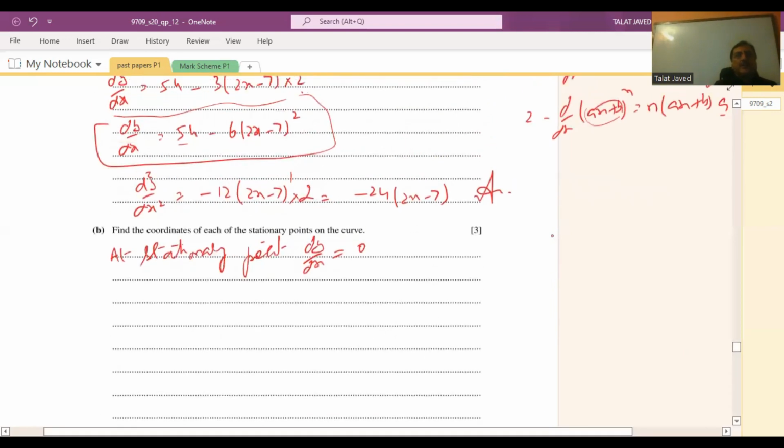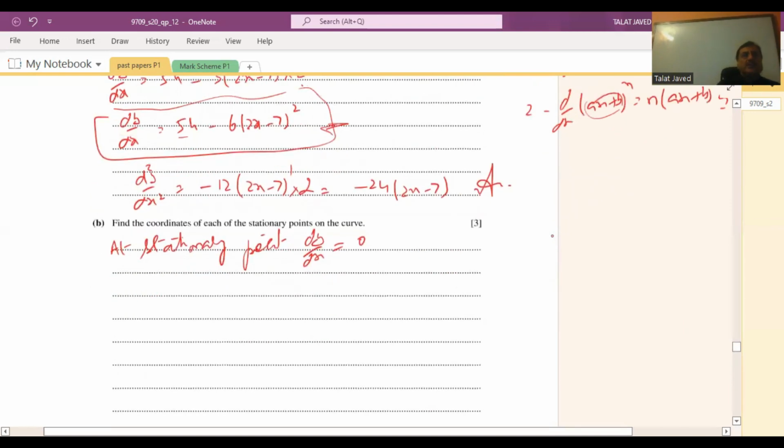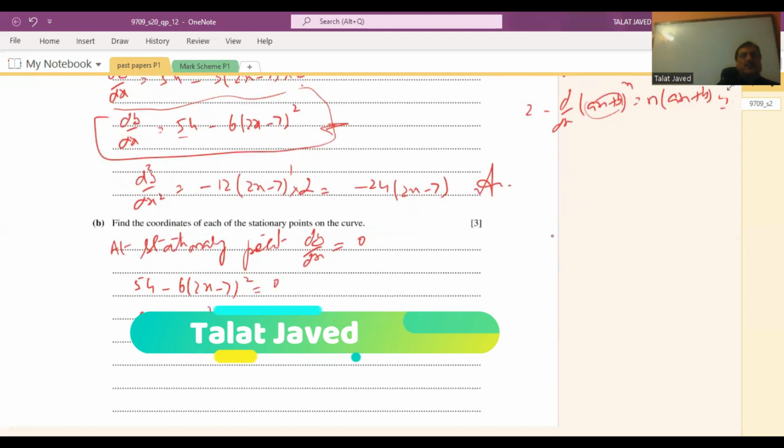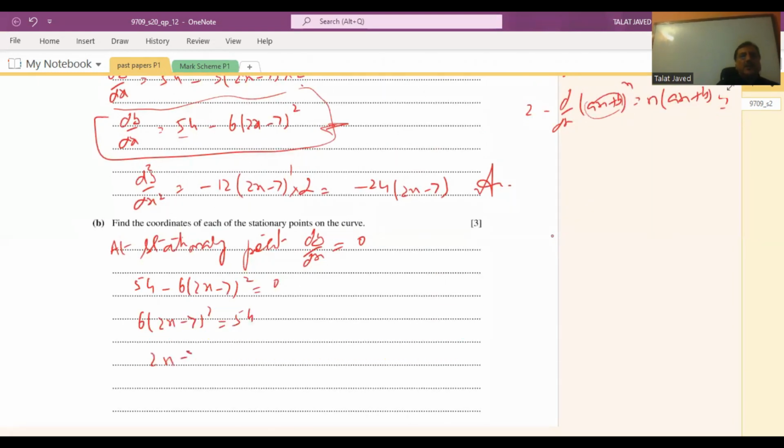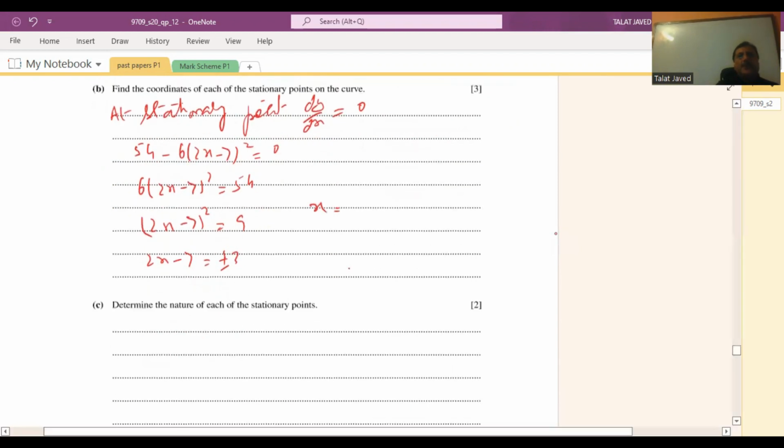So by putting dy by dx equal to 0, we have 54 minus 6 into 2x minus 7 whole squared equal to 0. So 6 into 2x minus 7 squared equals 54, 2x minus 7 whole squared equals 9, 2x minus 7 equals plus or minus 3, x equals 5. x is equal to 5. So these are the two values.